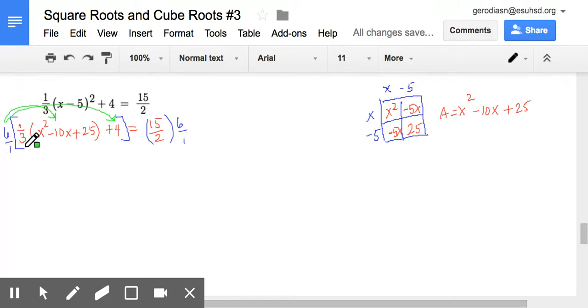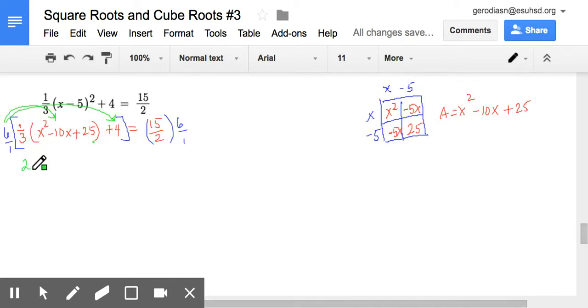But when we multiply 6 by 1/3 times x squared minus 10x plus 25, it's like we're multiplying 3 numbers. When we're multiplying 3 numbers, we multiply the first 2 first, and then the result we multiply by the third. So we're going to multiply 6 by 1/3 first, which gives us 2.